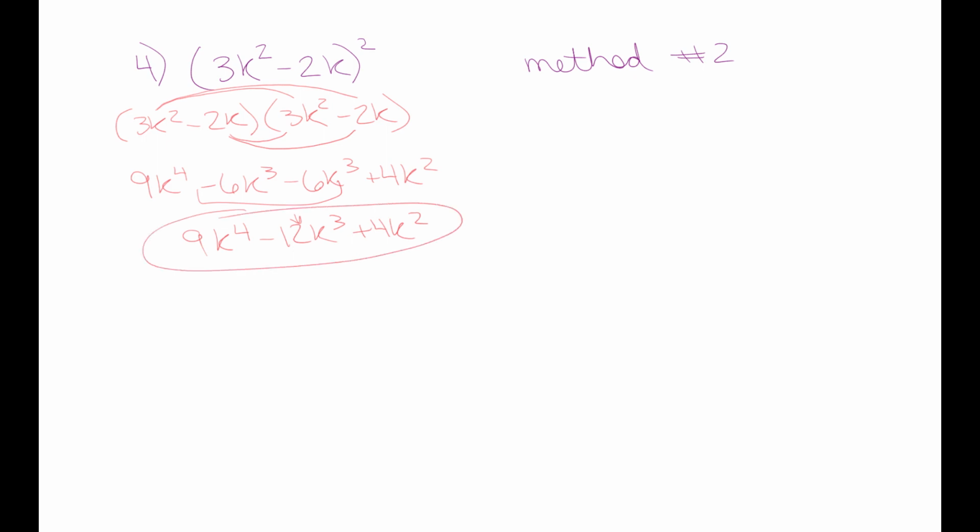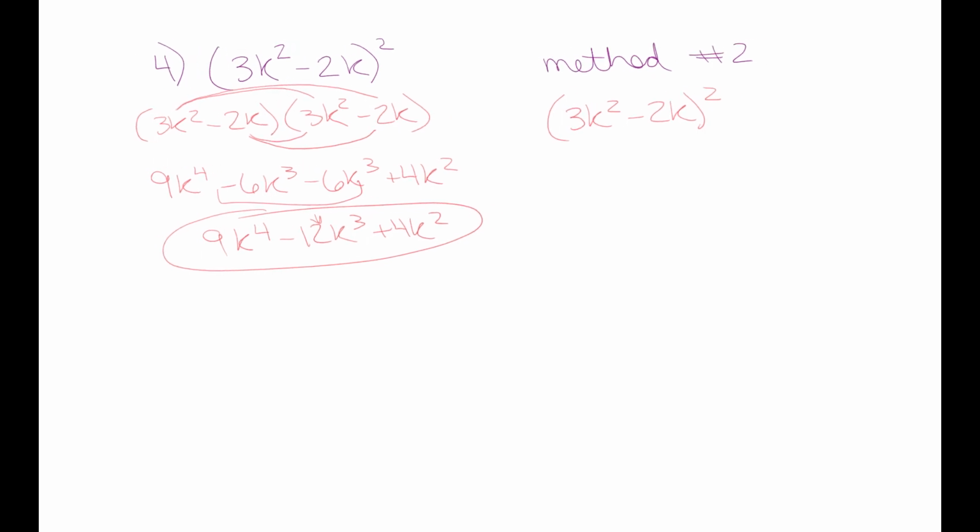Now if I'm using the quicker method, because I know this is a square of a difference, this is where square it, multiply, and double comes in. I'm going to square this, so I would get 9k to the fourth.